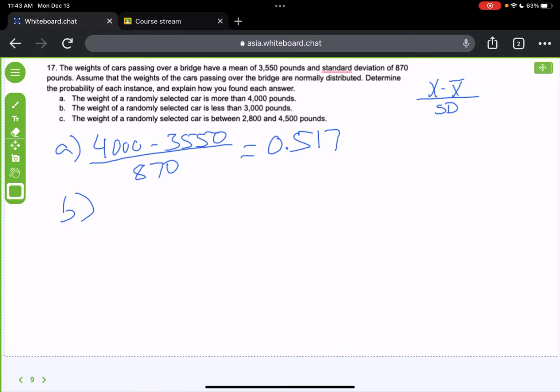Now B is going to be 3,000 pounds, minus 3,550, divided by 870. So that's negative 550 divided by 870. Okay. So that's a negative 0.63.